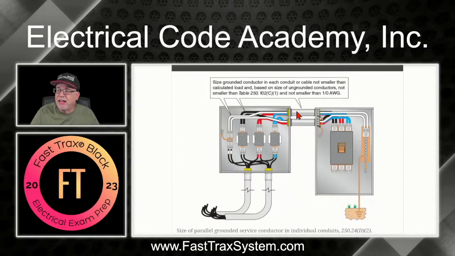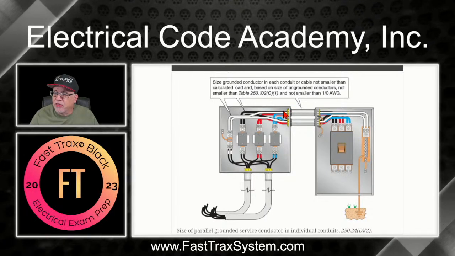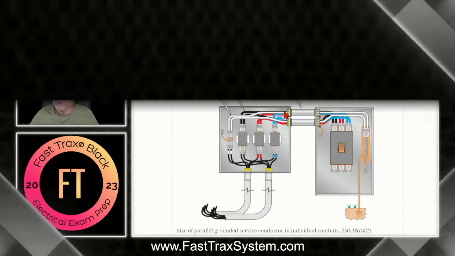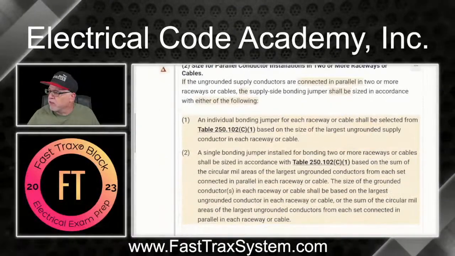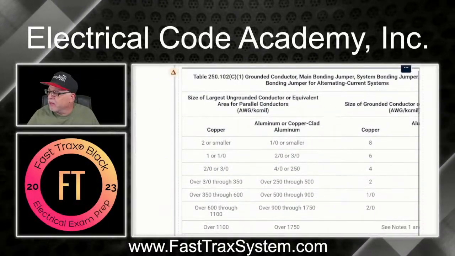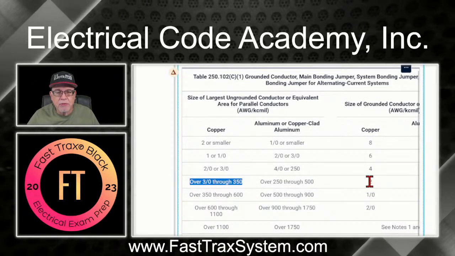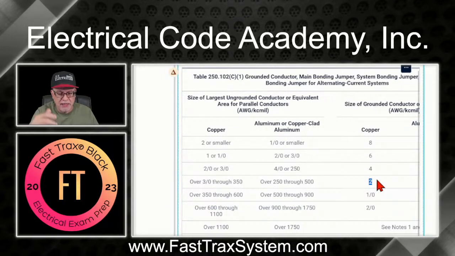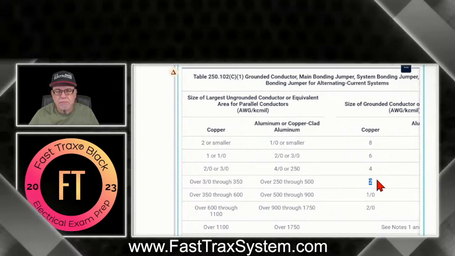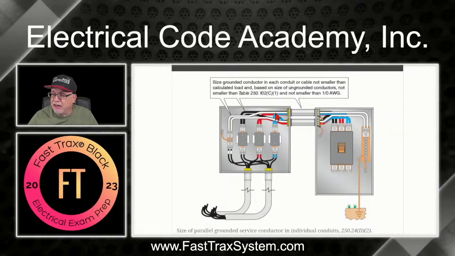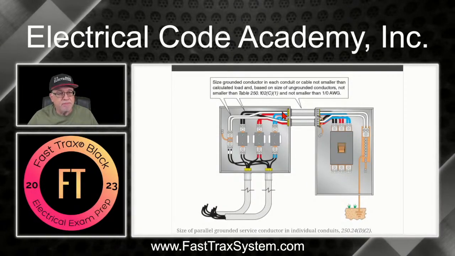So let's just say this was a 350 kcmil, then we're going to go to 250.102, go to the table right here, and we're at over 3/0 through 350, then it would be a 2-gauge copper. Okay, so the minimum size grounded conductor right here would be a 2-gauge.